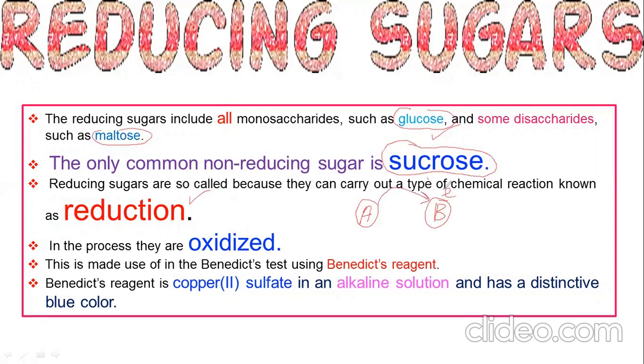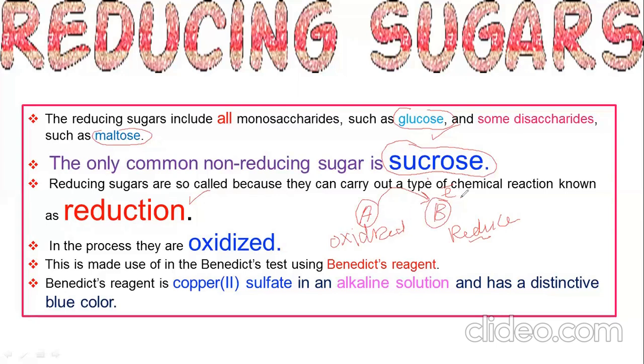Am I clear? So what happened in this case? B becomes reduced, right? While A becomes what? Oxidized, because A gives electrons to B. In a reduction reaction, electrons are gained by whom?